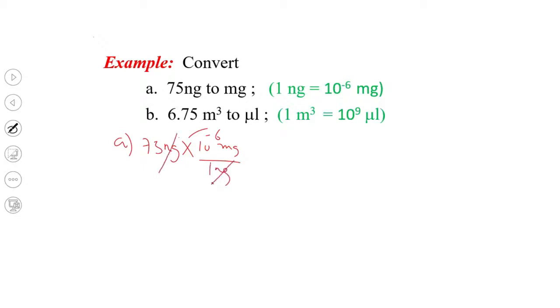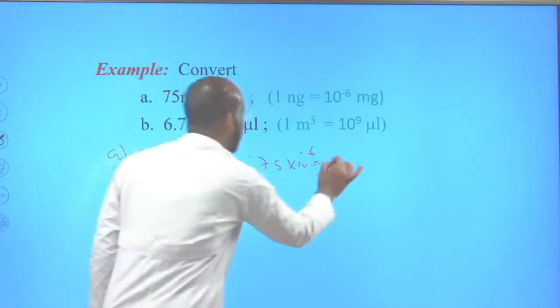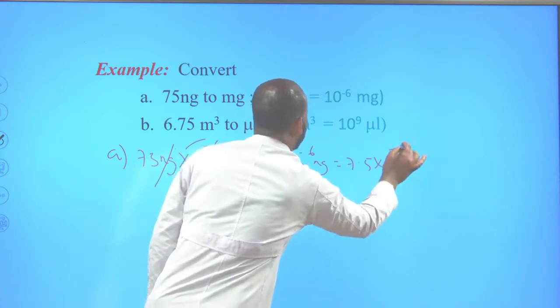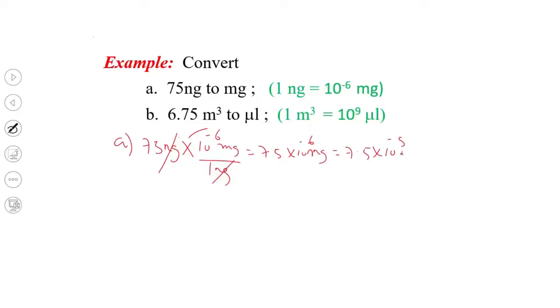Nanogram will be cancelled by nanogram. Now this is the same as 75 times 10 raised to minus 6 milligram. We can write this as 7.5 times 10 raised to minus 5 milligram.